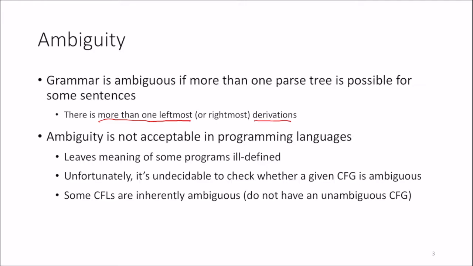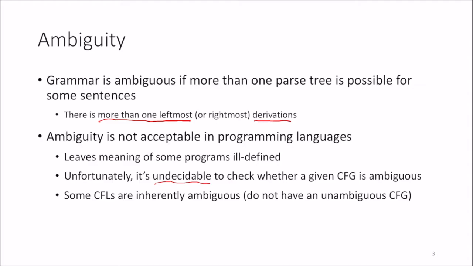Like when we compile it, it should run one program, not some arbitrary program which is ambiguous, in which we have no control. So we really don't want ambiguous programs, and therefore we want a grammar for programming languages to be unambiguous. Unfortunately, it's undecidable.